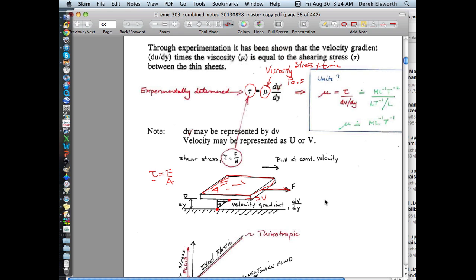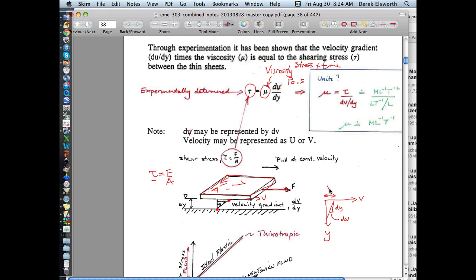And so if you look at the profile of velocity relative to, in this case, y, then it looks like this. Of course, if we draw this as a little differential, this is dy, and this length here is dv. You could take it as the total amounts as well.